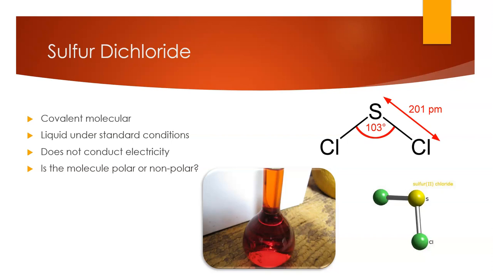It will have a bent geometry due to the lone pairs present on the central sulfur atom, bonding out to chlorines which have their standard octet, forming only one bond. This is a liquid under standard conditions because we will have dipole-dipole interactions, and overall the molecule will be polar, though you should check the electronegativity differences to confirm this.